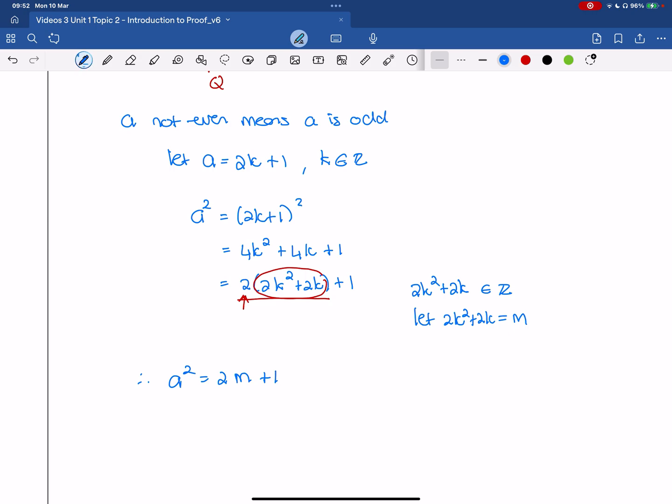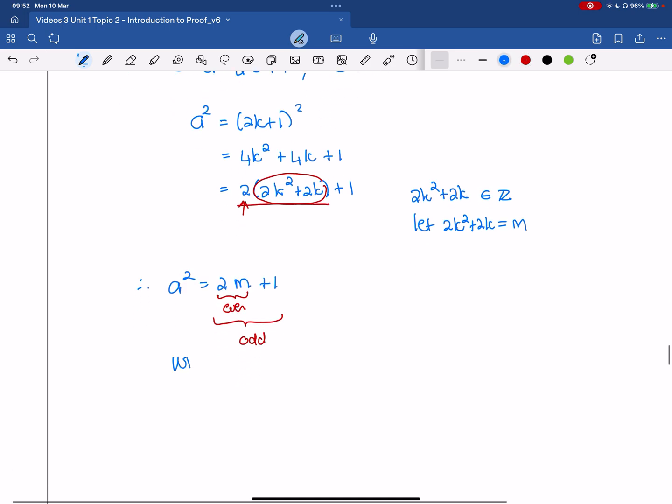Now, that number there, we know that this part is even, and plus 1 makes the whole thing odd. All right, so this is odd, so therefore a squared is odd.